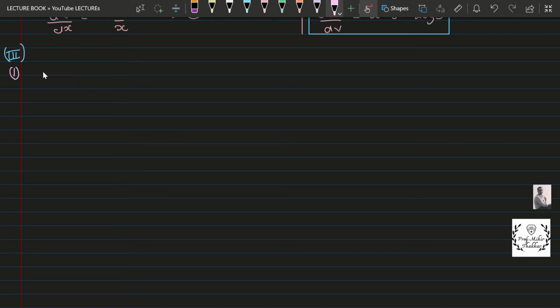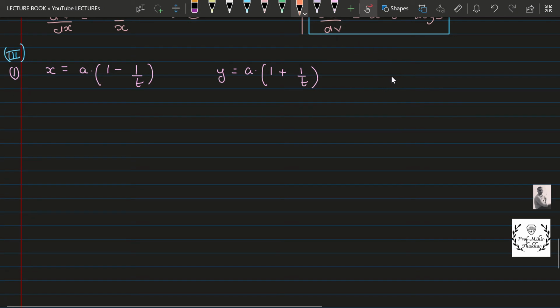You are told x is equal to a into 1 minus 1 by t, y is equal to a into 1 plus 1 by t. We have to prove that dy by dx is equal to minus 1.